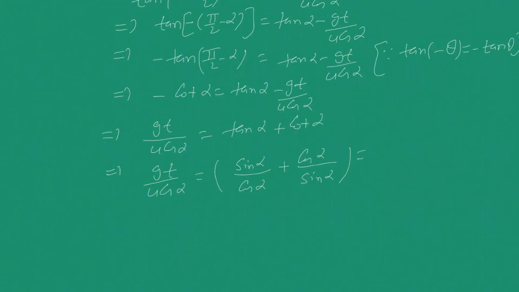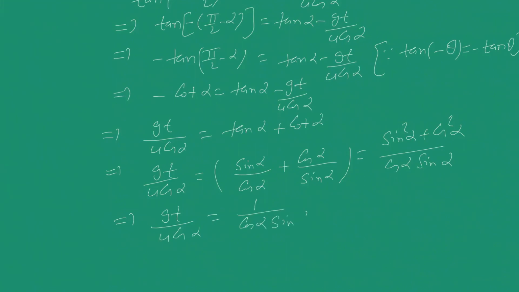So this is equal to (sin square alpha plus cos square alpha) by cos alpha sin alpha, and we know that sin square alpha plus cos square alpha is 1. So this will be 1 by cos alpha sin alpha. Cos alpha to cos alpha will cancel out.